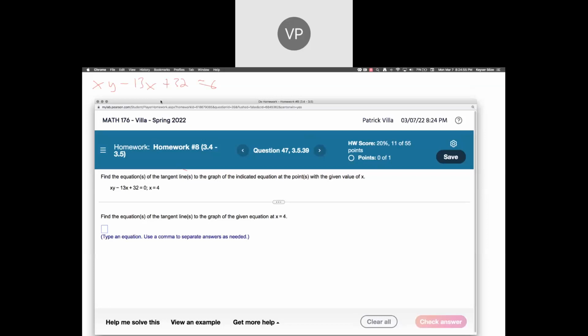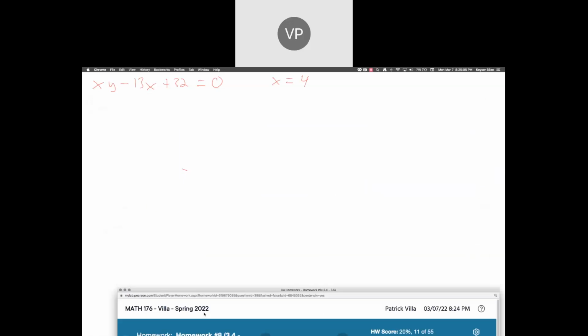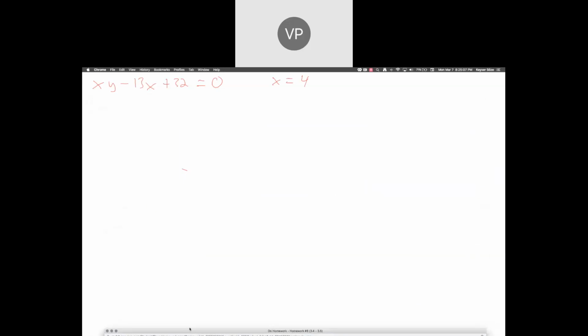And they want this to be when x equals 4. Okay, so now we have a little more work. First step, and remember, they want the equations of the tangent lines. That's our goal here.